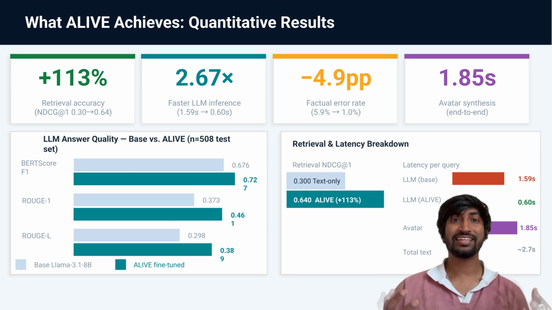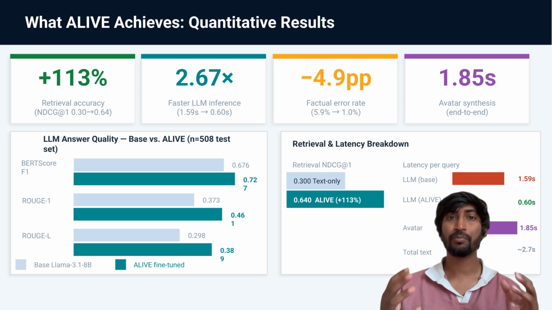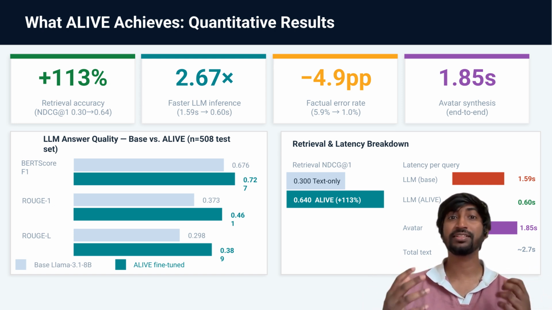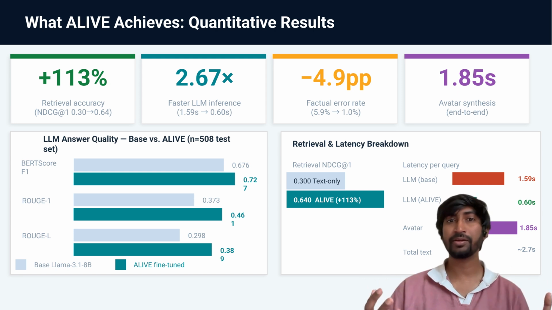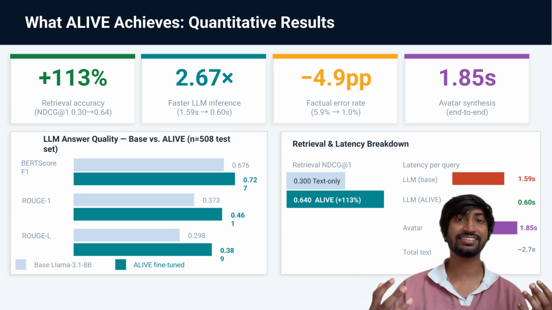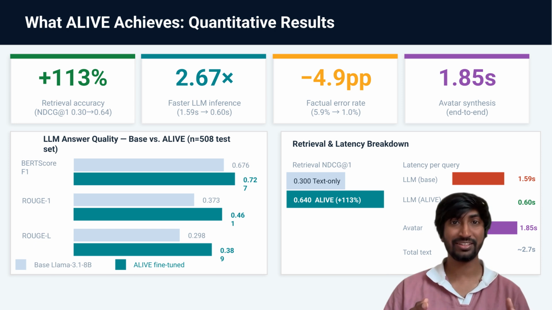Second, the fine-tuned Alive model produced shorter and more direct answers, reducing average LLM generation time from 1.59 seconds to 0.60 seconds. This is important because Alive is designed for real-time use during a lecture pause. Third, answer quality improved.